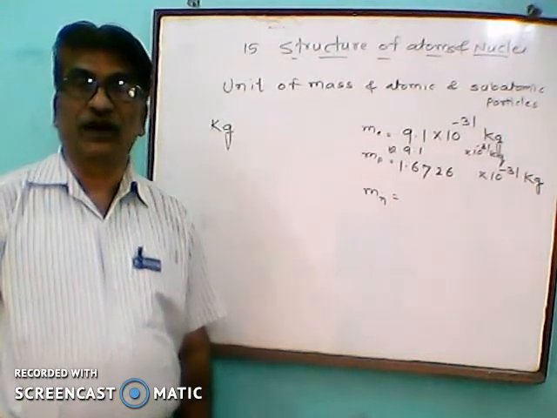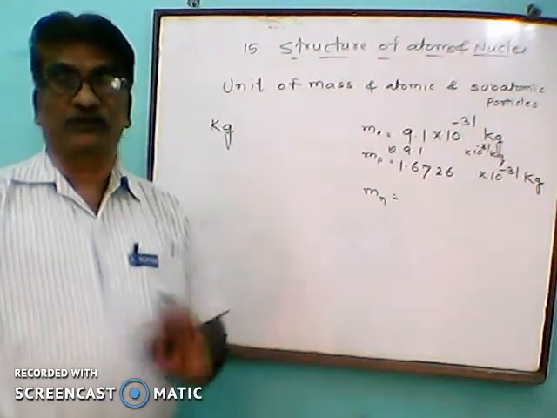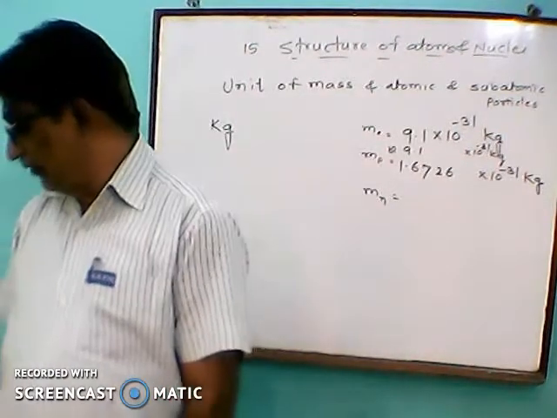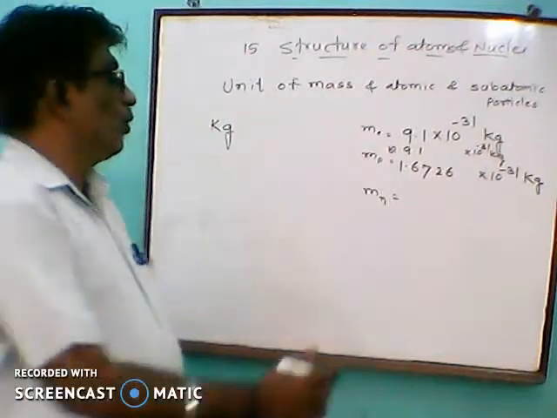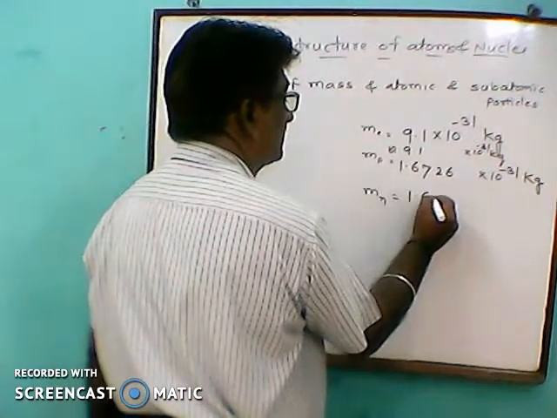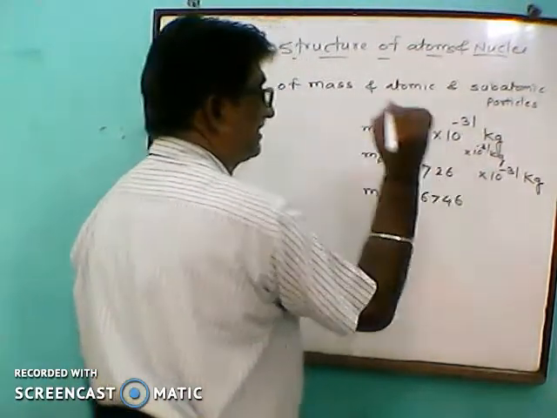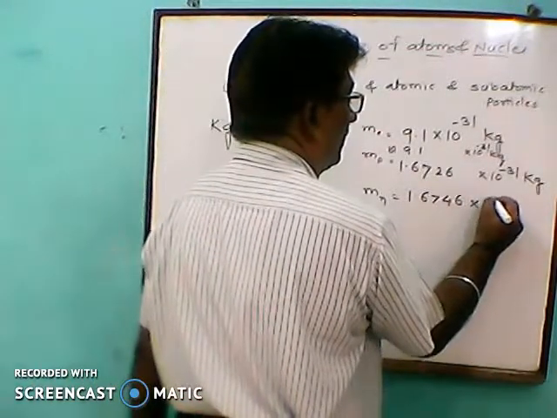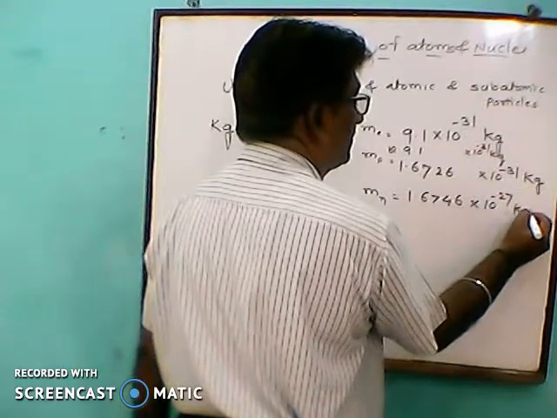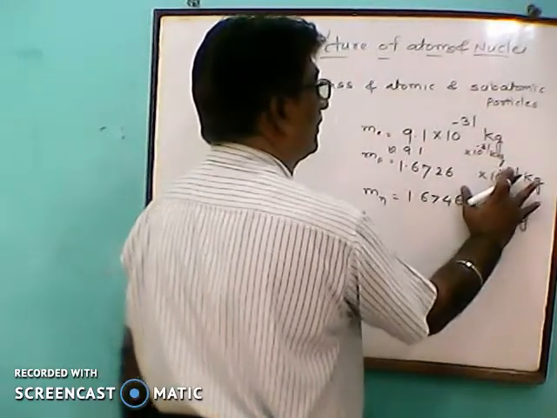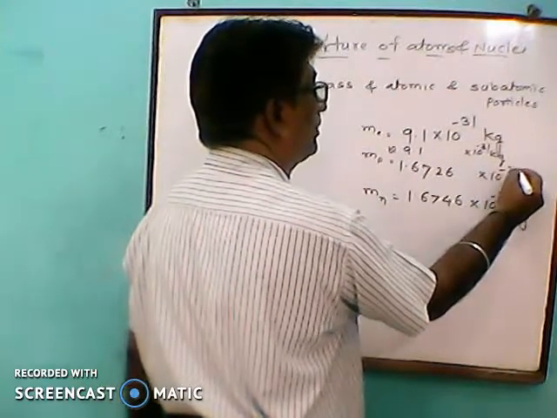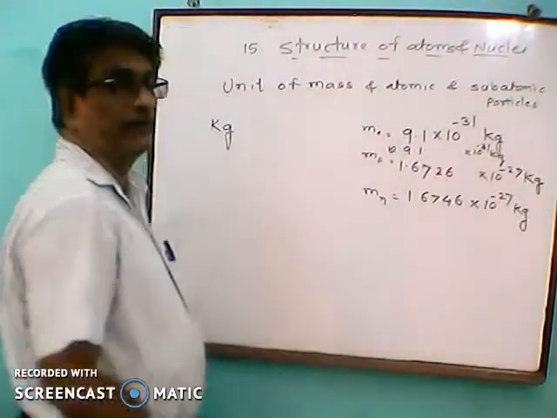And lastly we have seen the mass of neutron, that will be 1.6746 into 10 to the power minus 27 kg. Here for proton it will be 1.6726 into 10 to the power minus 27 kg.